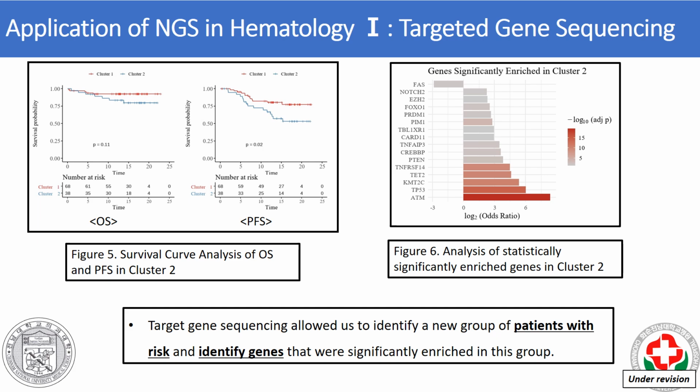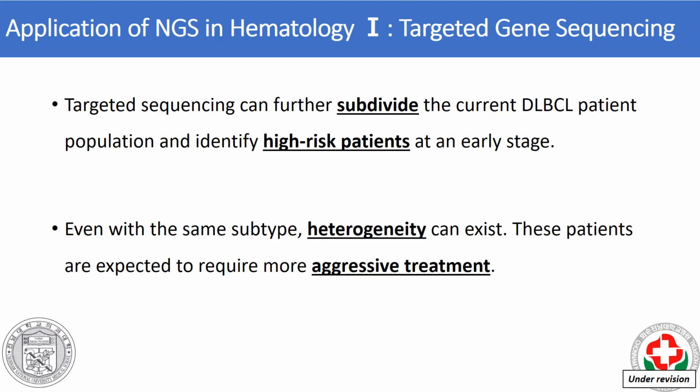This distinct cluster, which we called cluster 2, showed inferior progression-free survival, and this cluster was enriched for a specific combination of high-VAF genes. So targeted gene sequencing can help us identify high-risk patients, and these patients need more intensive treatment or alternative strategies from the beginning.